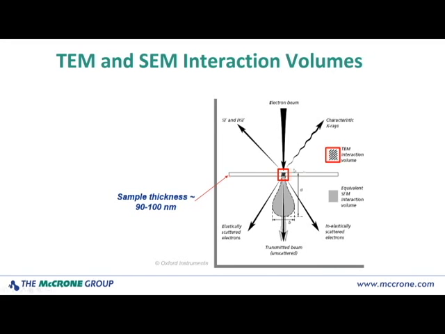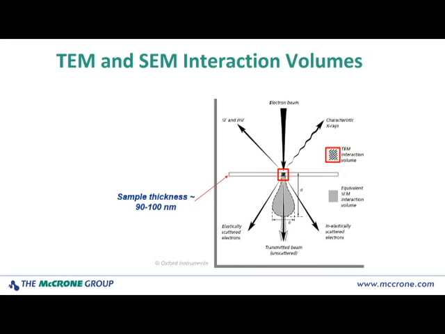In comparison, in this red box, there's a small hashed area, and this is the TEM interaction volume in a thin sample. So we're looking at a sample with a thickness of, say, 90 to 100 nanometers as being ideal for TEM. The electron beam is penetrating through that sample, and all of the X-rays that are being generated are coming from the sample itself and a very thin support, such as a very thin carbon film.